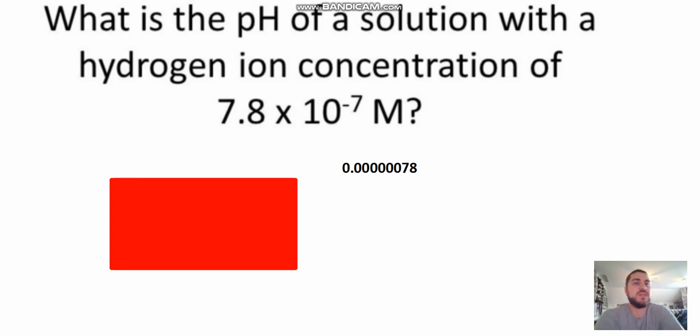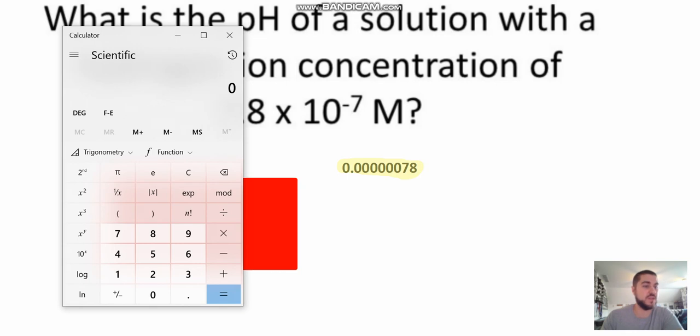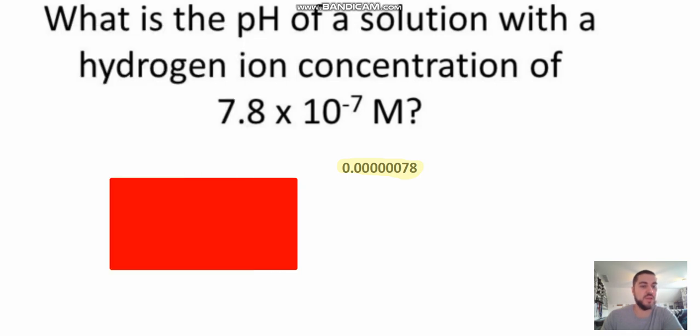In this example, it says, what is the pH of a solution with a hydrogen ion concentration of 7.8 times 10 to the negative 7th? So once again, I switched this number from scientific notation to standard form. So I've rewritten it. It has 7 zeros before the 7 and 8. And again, what I can do is just simply plug this into my calculator.